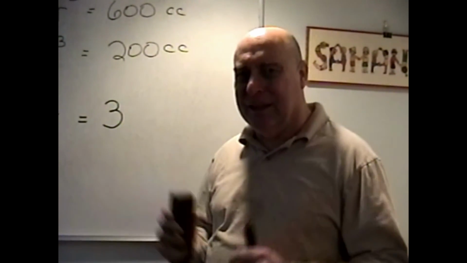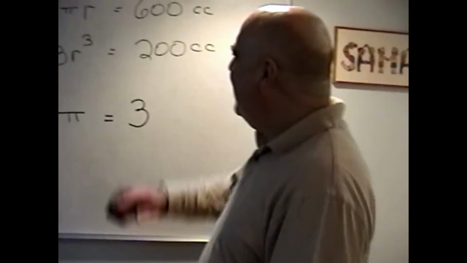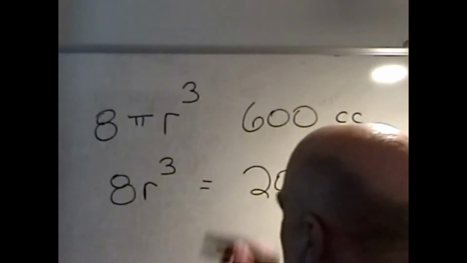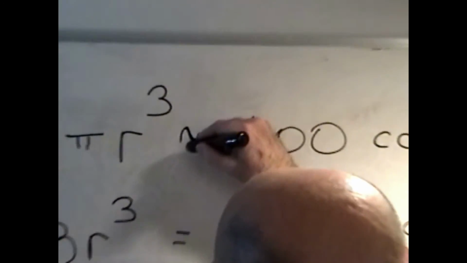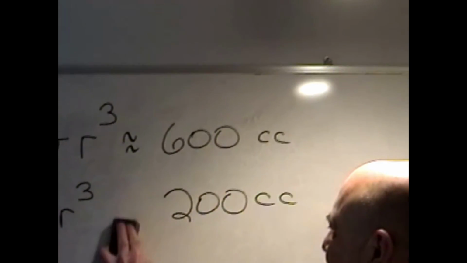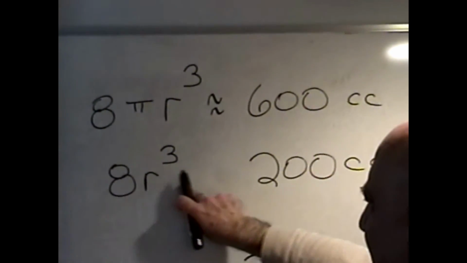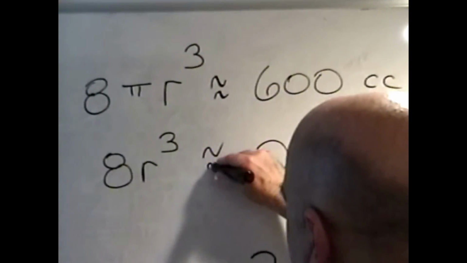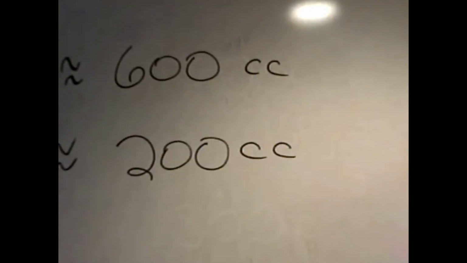So we've been dealing with approximations. Actually, what we should say is 8 pi r cubed was approximately 600 cubic centimeters, and 8r cubed was approximately 200 cubic centimeters.